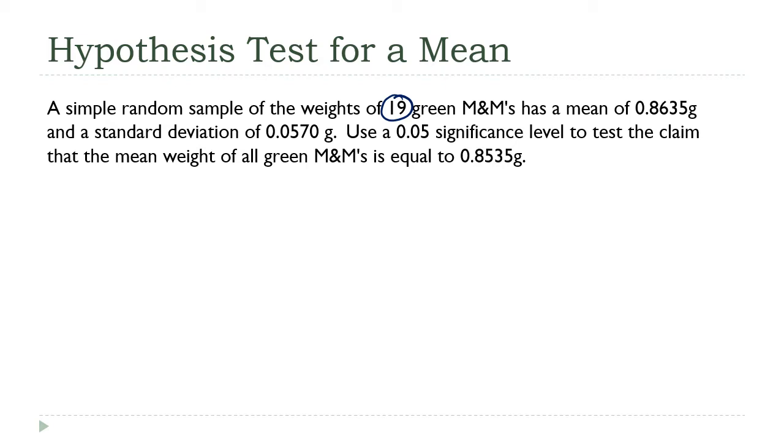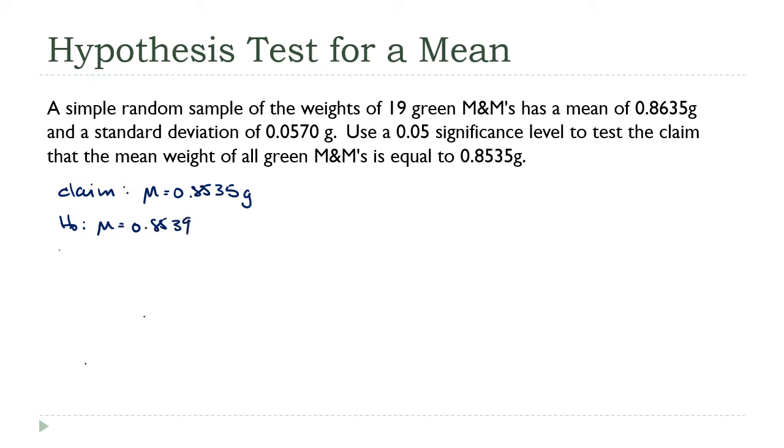Now notice that this statement here has the same three key features we saw in the last lecture. There's information about a sample, there's a required significance level, and there's a claim based on what we believe the actual value is. So our claim here is that the mean is 0.8535 grams. And since that has equality in it, it will also be our null hypothesis.